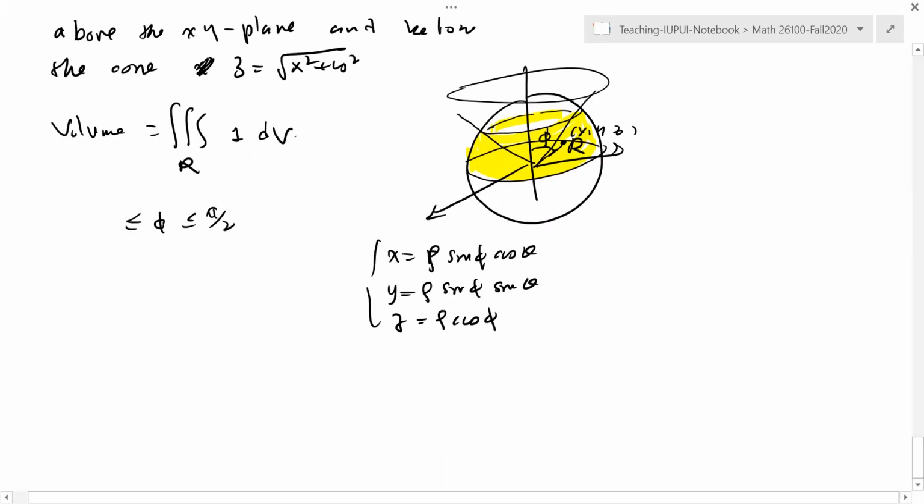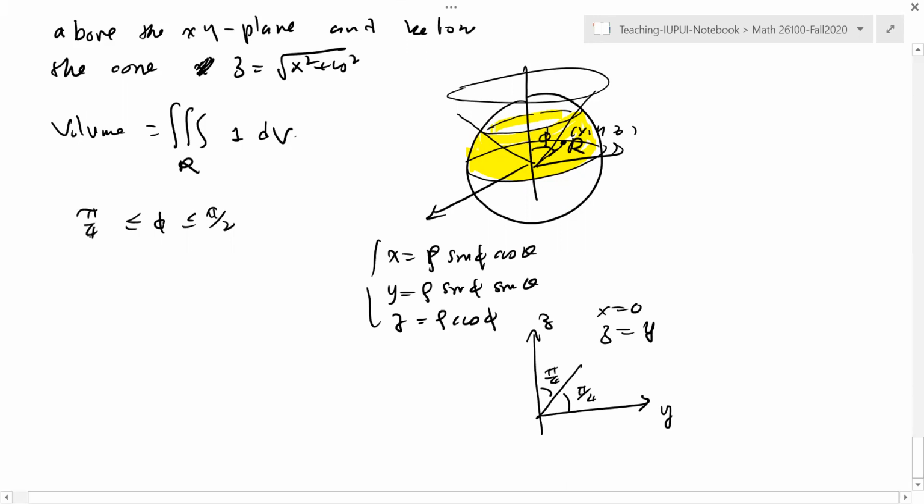The reason is, look at this, this is the y axis and z axis, right? The equation of the cone becomes z equals y when x equals 0, because when x equals 0, z equals the square root of y squared. So this is a straight line. That's why it's pi over 4.